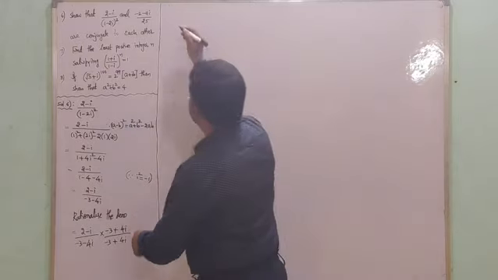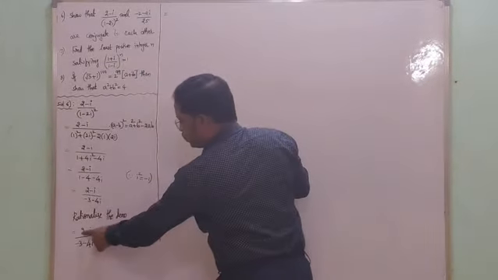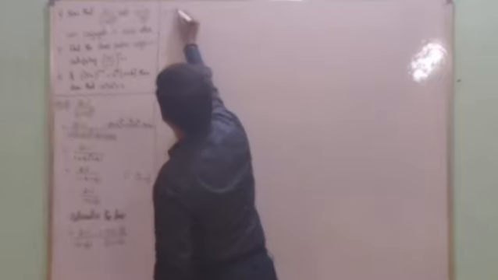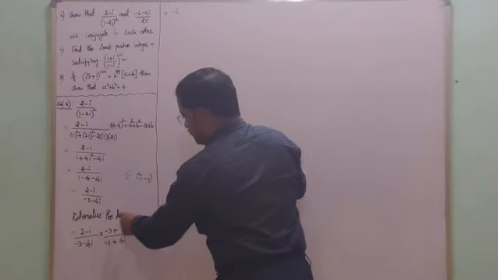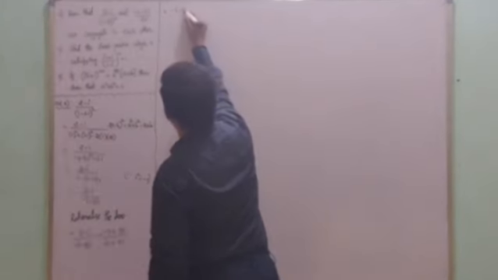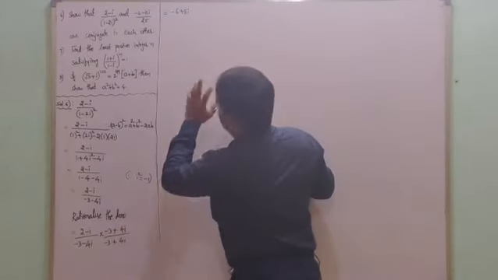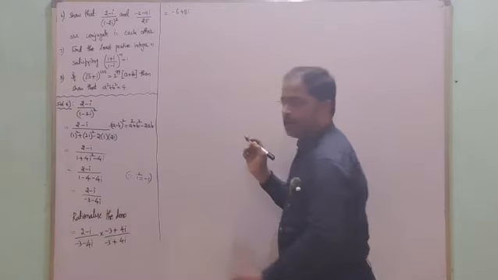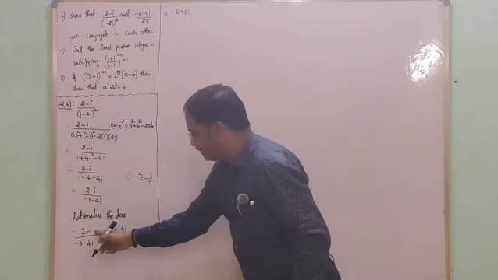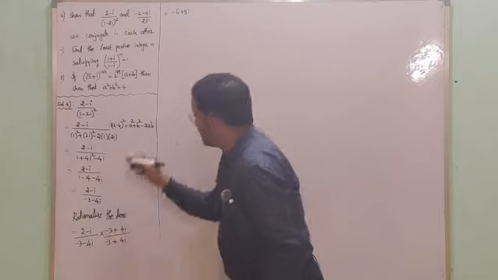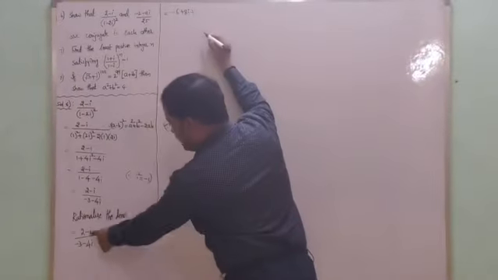Next, the product of numerators: 2 into minus 3 is minus 6, and 2 into 4i is plus 8i. Clear? Listen once again: 2 into minus 3 is minus 6, and 2 into 4i is 8i. Then with minus i: minus into minus is plus, i into 3 is 3i.